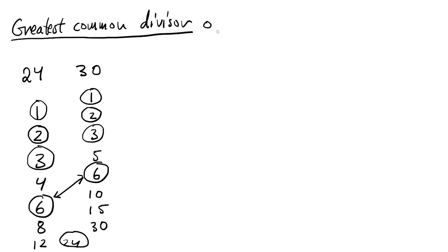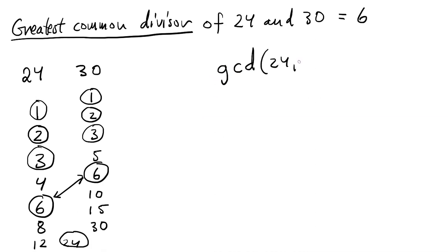So the greatest common divisor of 24 and 30 is equal to 6. We can also write that in shorthand as GCD of 24 and 30. So this is a number: the greatest common divisor of the two numbers, in this case, is 6.